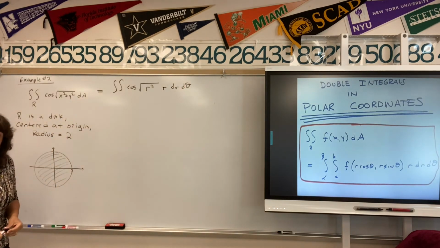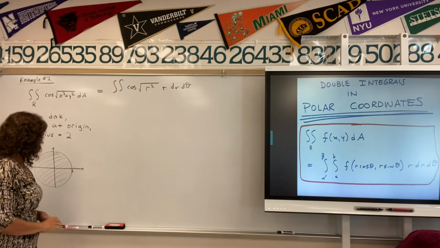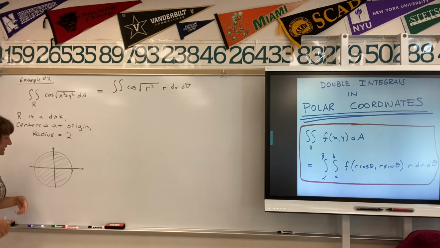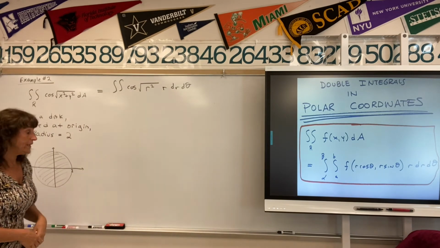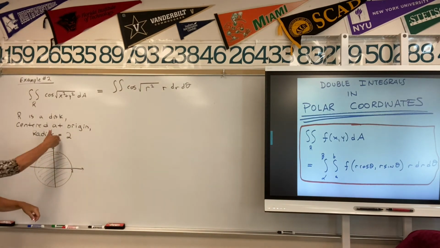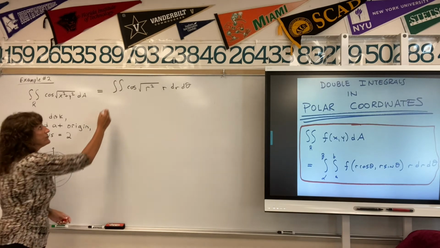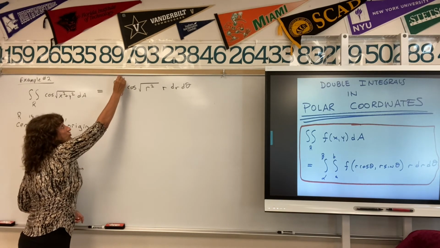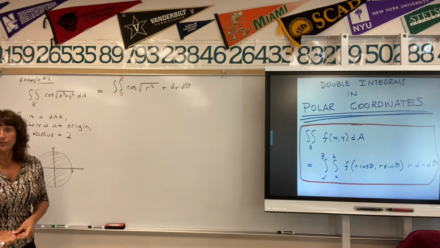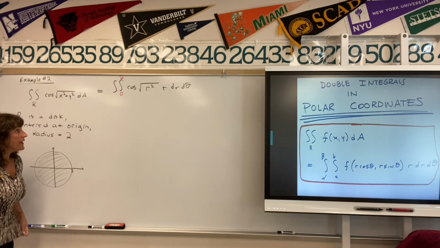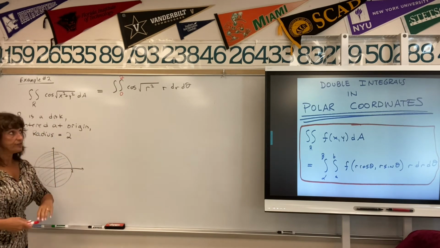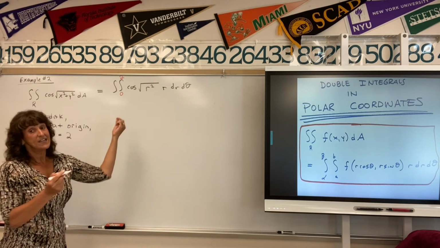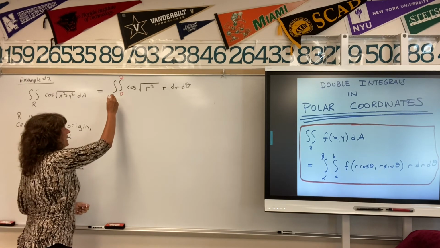Now, what about the bounds of integration? Your inner bounds represent the radius. We have the entire disk and the radius is 2, so your inner bounds are going to be from 0 to 2. You go from the center out to the radius. What about your outside bounds? You're dealing with the entire circle, all 360 degrees, which in radians, because we must work in radians, is 2 pi.